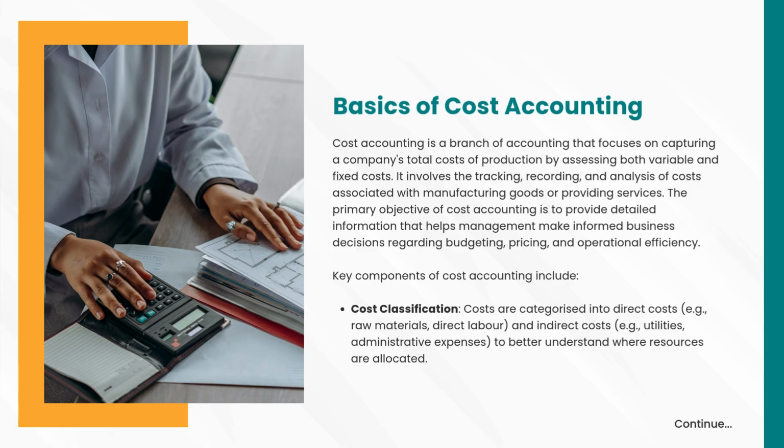The primary objective of cost accounting is to provide detailed information that helps management make informed business decisions regarding budgeting, pricing, and operational efficiency. Key components of cost accounting include cost classification. Costs are categorized into direct costs, for example, raw materials and direct labor, and indirect costs, for example, utilities and administrative expenses, to better understand where resources are allocated.